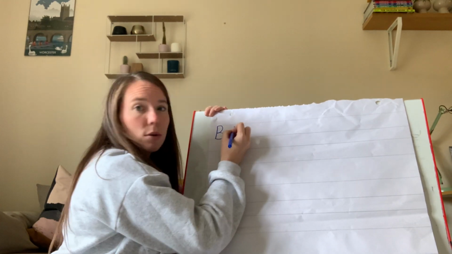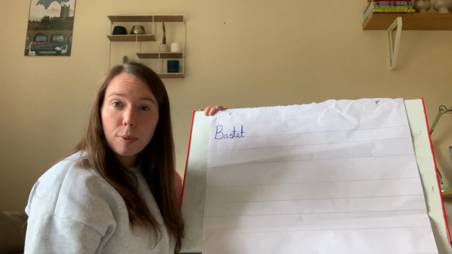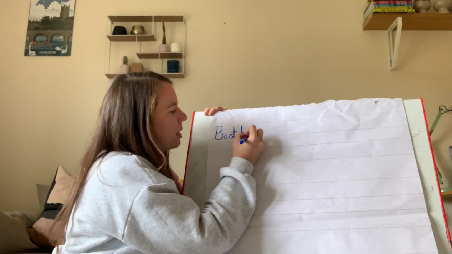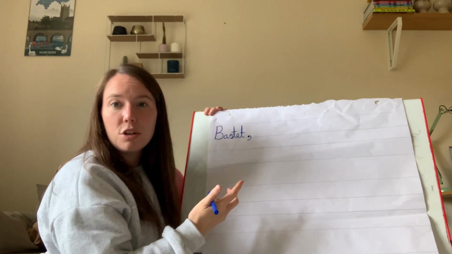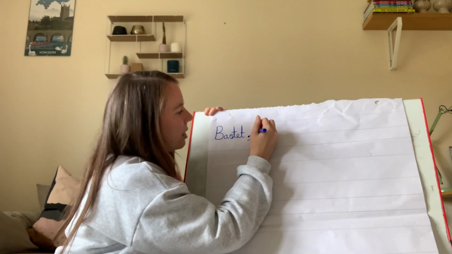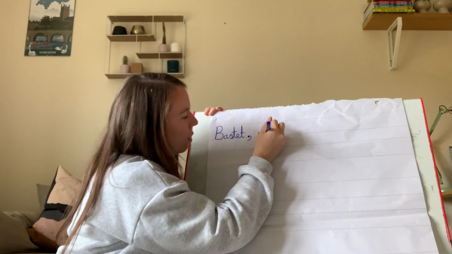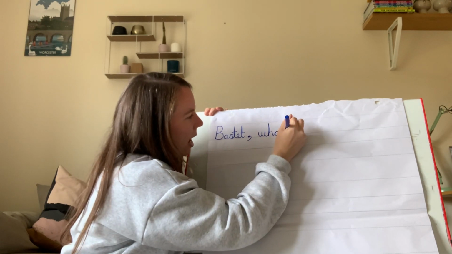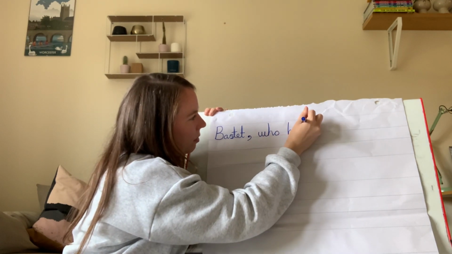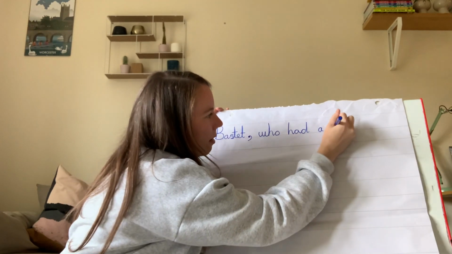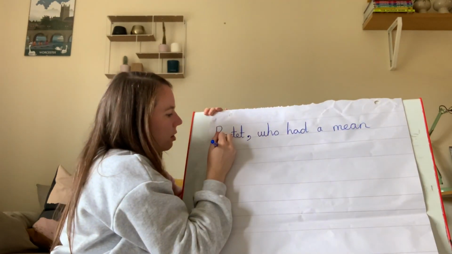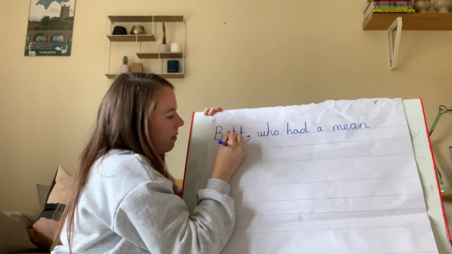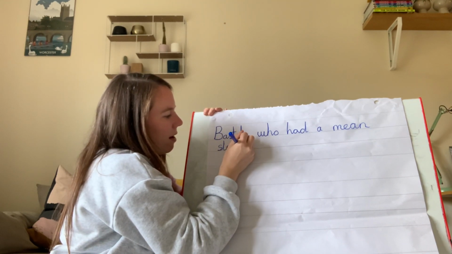Now, my relative clause is going to come next, so I need to remember to open up with a comma. As we're describing a person noun, we need to use the relative pronoun who. So: Bastet, who had a mean streak. That's my relative clause.